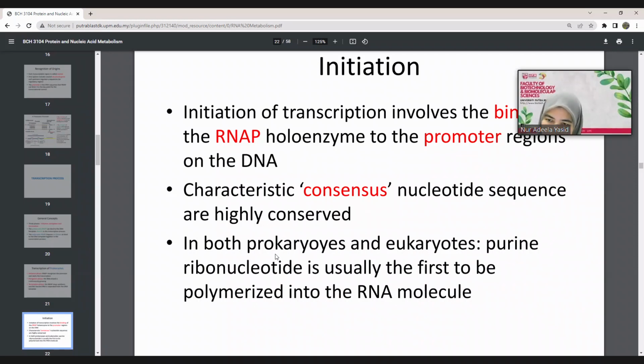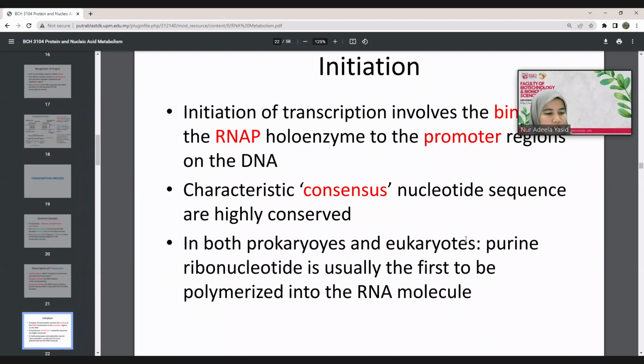The -35 region is TTGACA. This is the sequence that is recognized and bound by the sigma factor. Once this interaction is made, the subunits of the core enzyme will bind to the site. So you need to know what a consensus sequence is, and the sequences for the -10 and -35 regions.